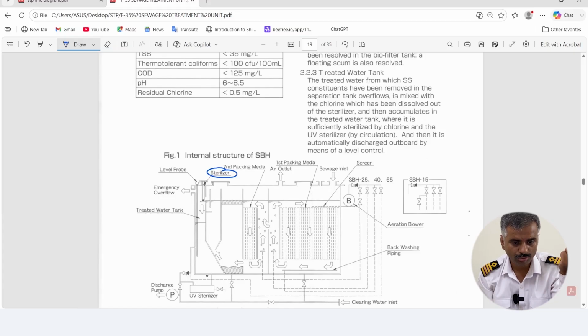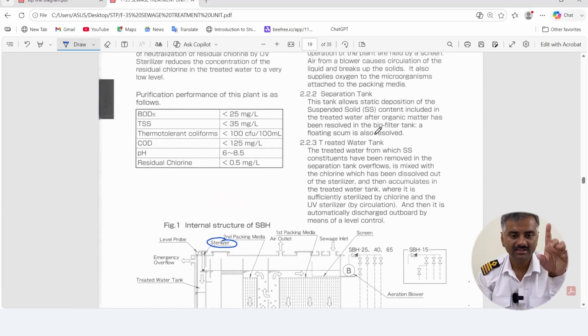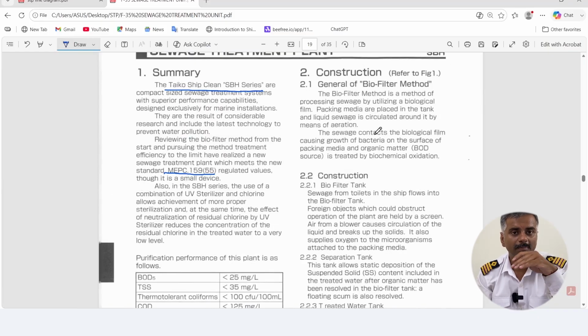So there is dual sterilization taking place only in this kind of sewage treatment plant. You don't completely rely on the sterilization done by the chlorine compartment. Okay, so this is the biofilter method, and the treatment is approved according to this.